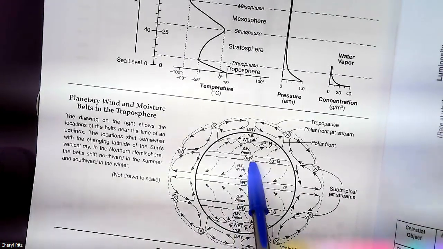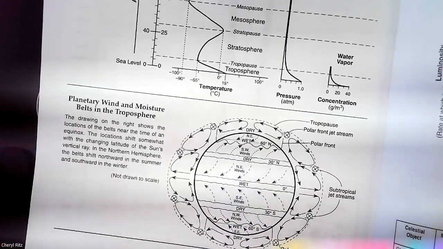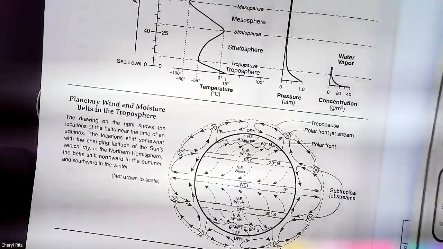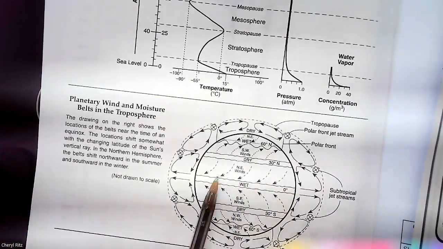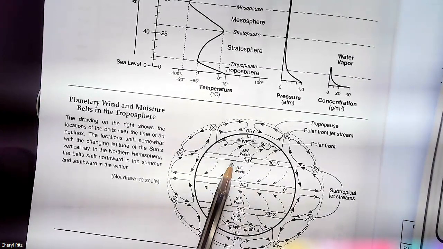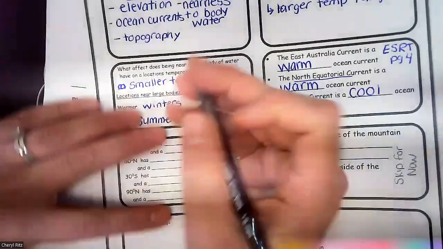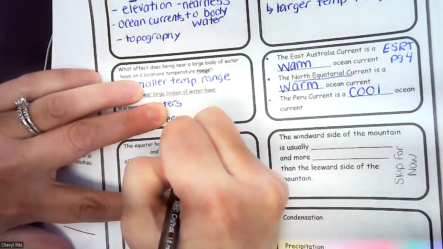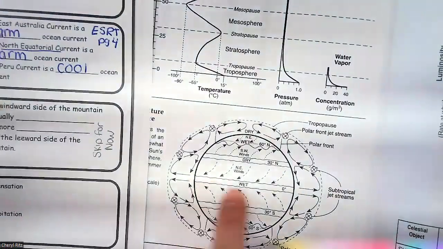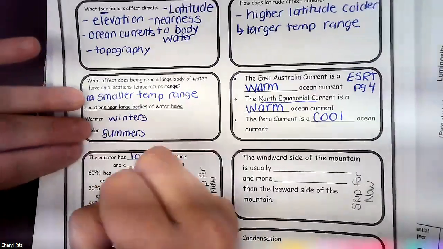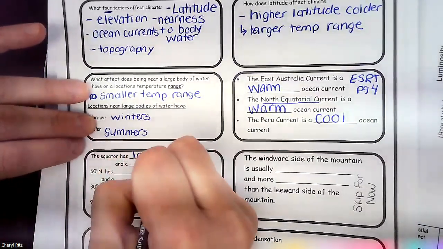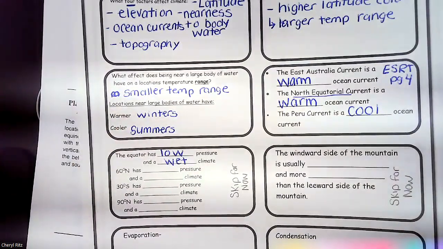Winds always blow from high to low. So the first one asks for the equator. The equator has heads of the arrows. So remember, they always go from the butts to the heads. And if the butts are high, the heads must be low. So the equator has low pressure and it's labeled a wet climate. So the equator is low and wet.